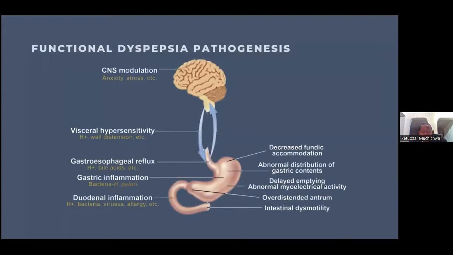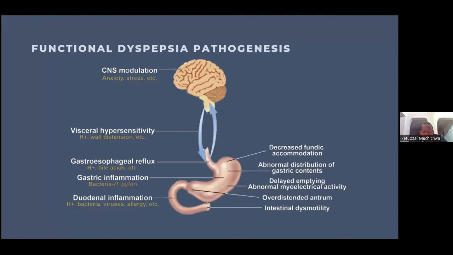Regarding the pathogenesis of dyspepsia, it's quite similar to the earlier slide, where we have the psychosocial model and then the gut issues, especially hypersensitivity to acid or wall distension, or even gastroesophageal reflux, gastric inflammation, duodenal inflammation, fundic accommodation issues, abnormalities in the distribution of gastric contents, delayed emptying, abnormal myoelectrical activity, and overdistension of the antrum.